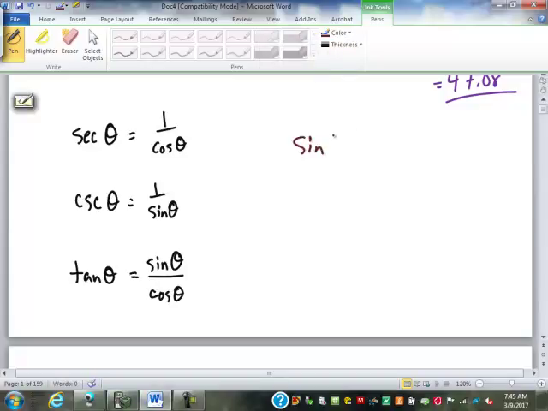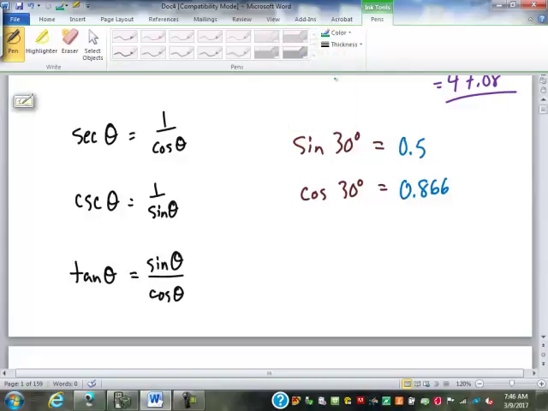Let's look at the sine of 30 degrees and the cosine of 30 degrees. Well, sine of 30 degrees comes out to be 0.5. Cosine, 0.866.